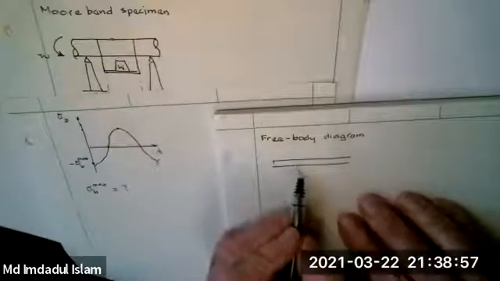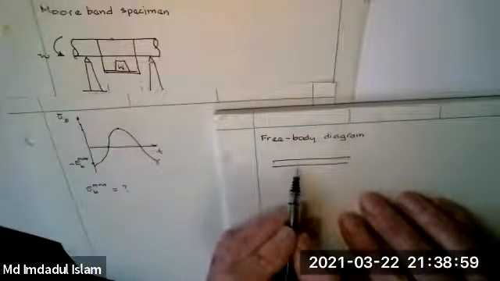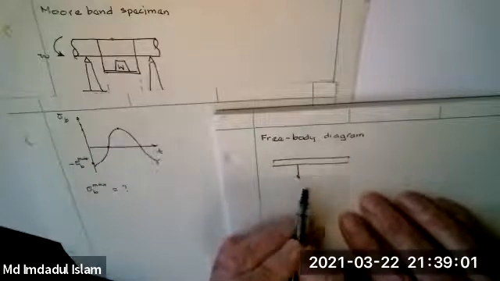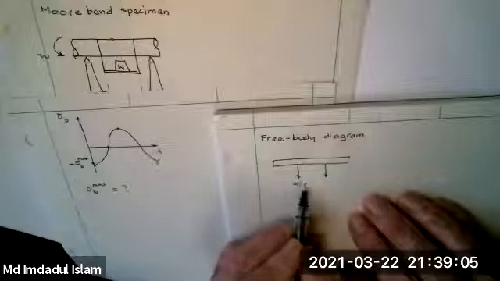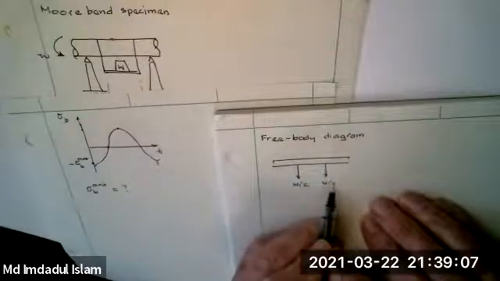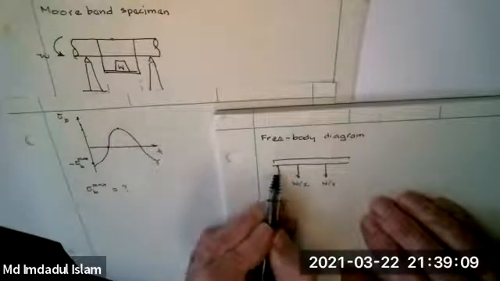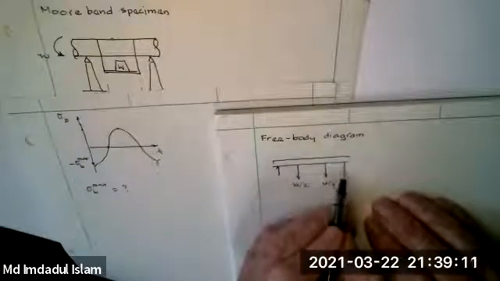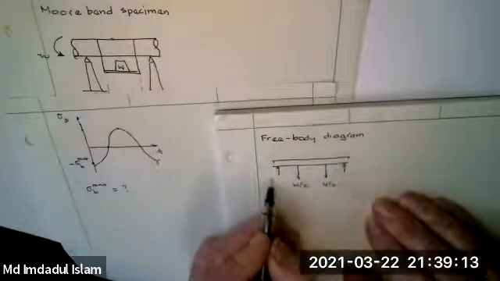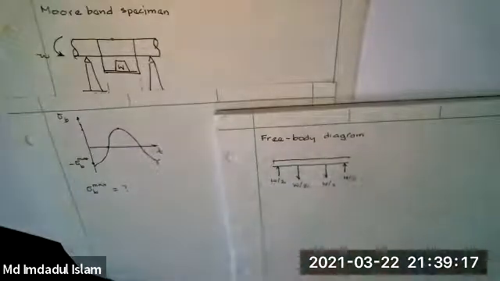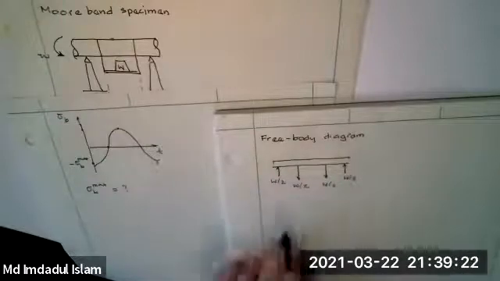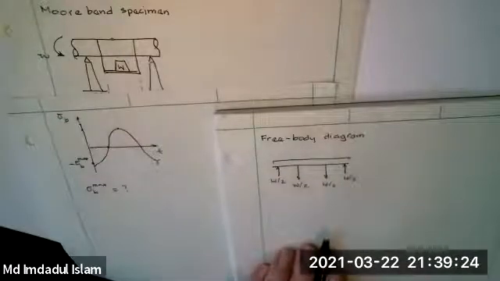It won't be perfectly true in practice, but it'll be close. And that's opposed by 2 reactions. And since it's symmetric, they'll be equal, so they'll be W upon 2 too. When you draw this thing, you could have put reactions in here and done the statics to get it, but this is a fairly simple symmetric problem.